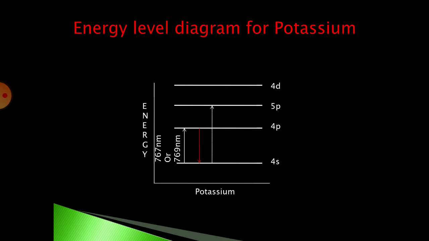Another absorption and re-emission takes place at 404 nanometer from 4s to 5p and from 5p to 4s. And the last possible transition is from 4s energy level to 4d energy level and re-emission from 4d to 4s energy level.